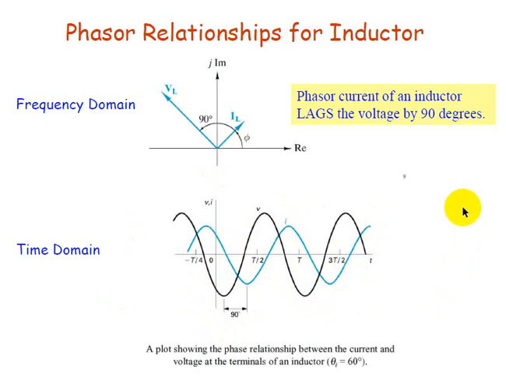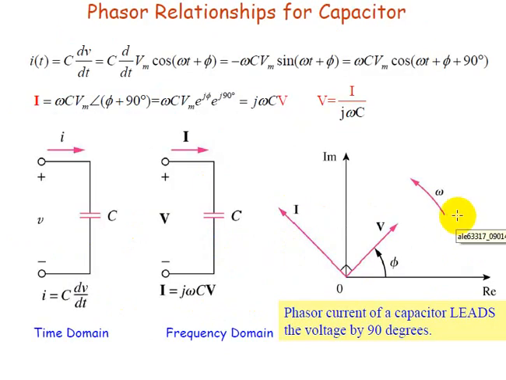Now let's move on to the capacitor. The current-voltage relationship in the time domain of a capacitor is i(t) equals C dV by dt. If V is Vm cos(omega t plus phi), the provided voltage, then i(t) will appear, by differentiating this term, as minus omega C Vm sin(omega t plus phi).